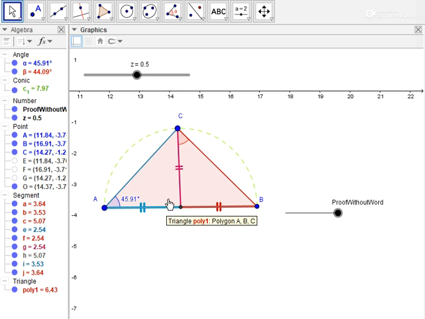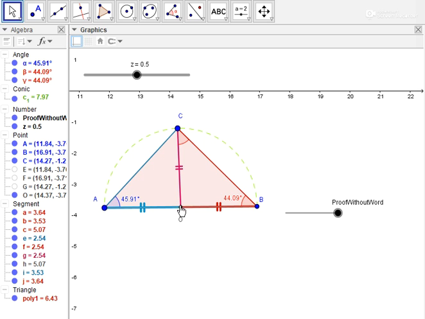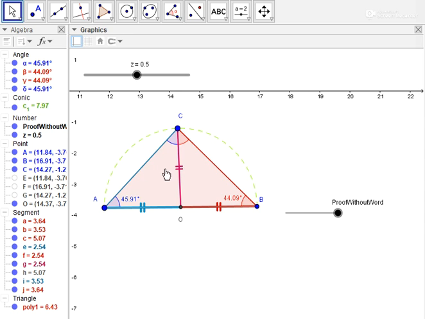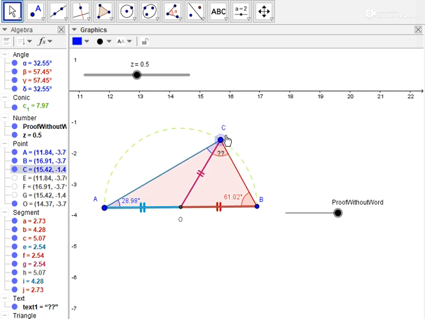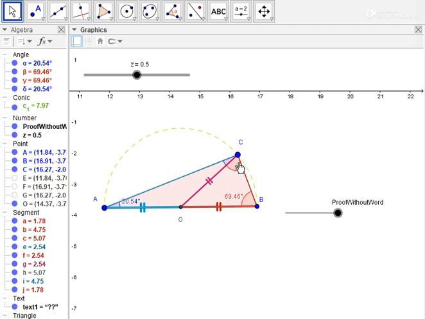Then BOC, and then OBC right here, and then basically I traced almost every angle, and this one is unknown, so we go ahead and put some question marks on it. So now we can see as we slide it, the question marks follow.